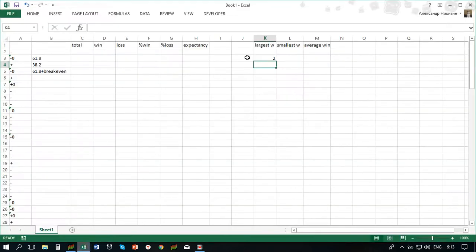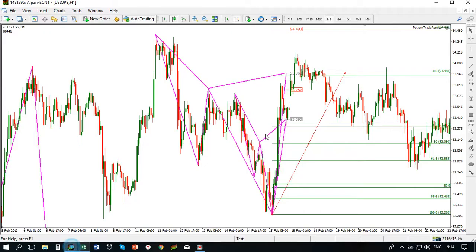Let me type it as 1.23, the largest with the first target. And of course here 61A should be equal to 2 as well, because it is again 61A. The 382, only the largest winner is that.